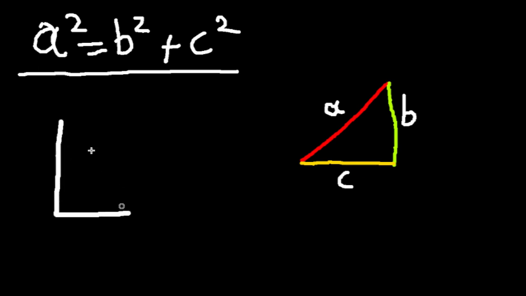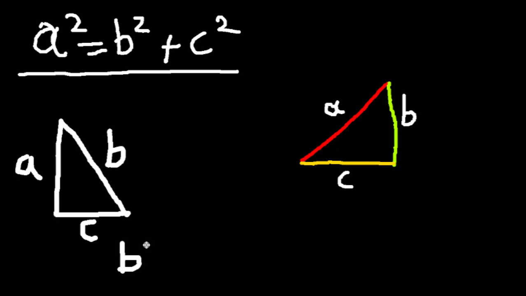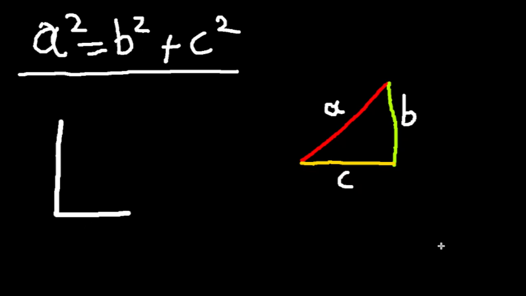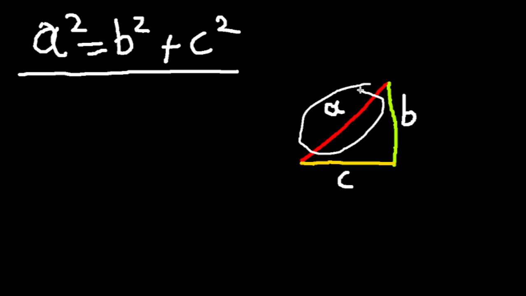So we have a right triangle like this, and this is B, this is A, this is C. So b squared is equal to a squared plus c squared. This is literally how this works. Okay, now it's not that complicated, and we can now use it to calculate this side. In fact, you can calculate this one too, but I will show that later.